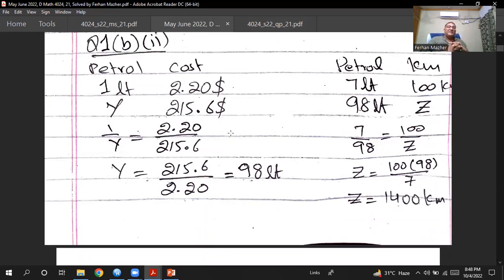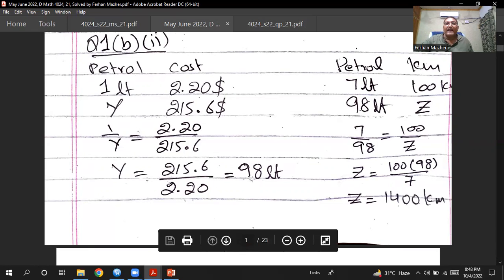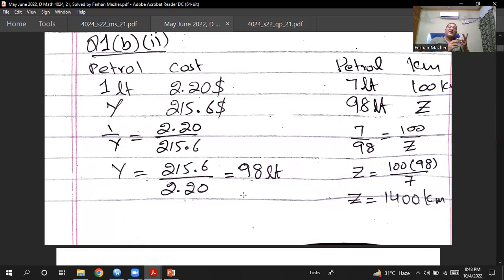First of all, 1 liter of petrol costs you $2.20, so how many liters will he use for $215.6? So 1 by y equals 2.20 divided by 215.6, cross multiply. So y will be equal to 215.6 divided by 2.20, and that will be 98 liters. The money he spent shows he has used 98 liters of petrol.